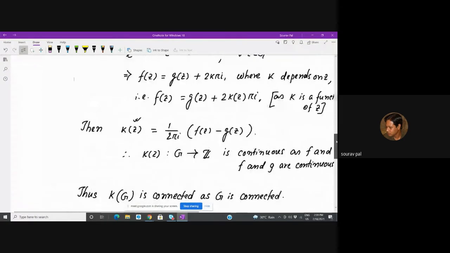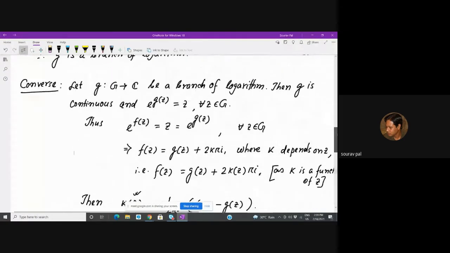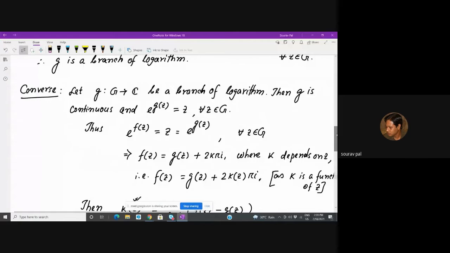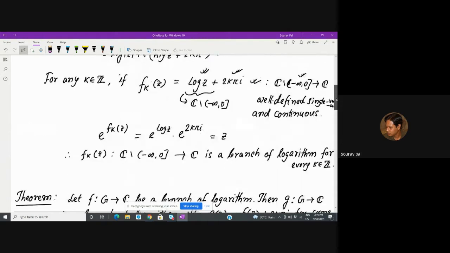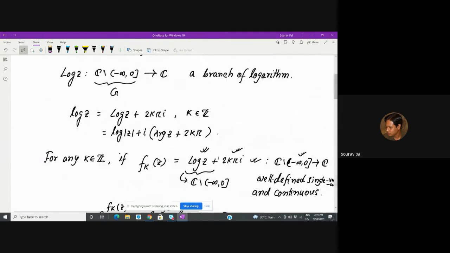What have we learned until now? We have learned that in any region, if we have one branch of logarithm, then in terms of that branch, we can obtain all other branches of logarithm lying within that domain. As a particular example, if we have the principal logarithm, which is defined on C minus this half line, this is the region here, then we have all branches of logarithm in terms of this.